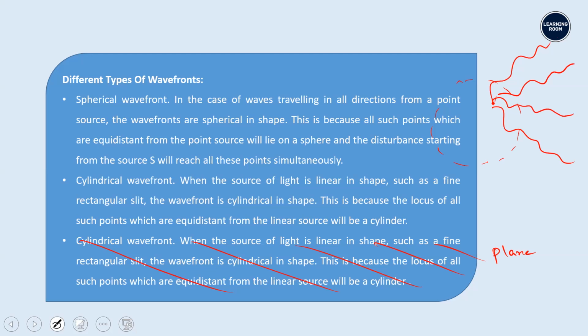Light coming from the same source is going to be coherent in nature.